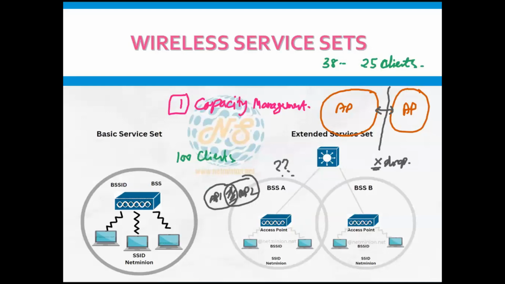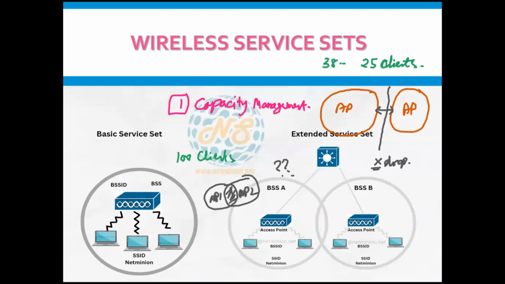It depends on what kind of data you are using. If you are using simple network data, that is TCP based, the overlap for these two APs can be less. But if you are using voice or video data, then the overlap should be more.